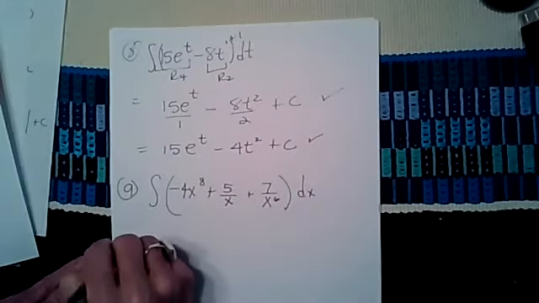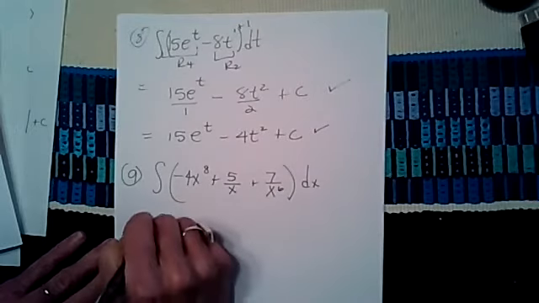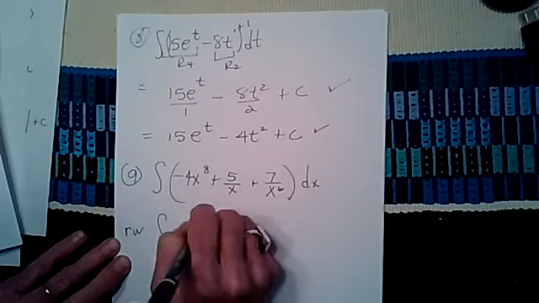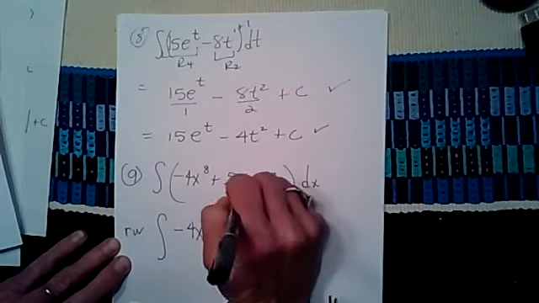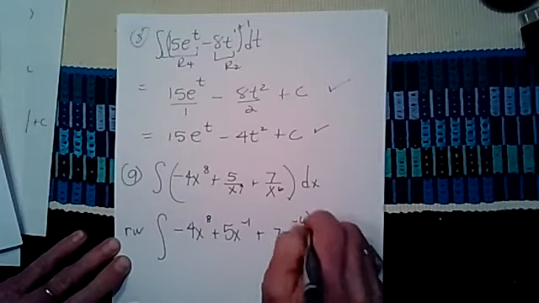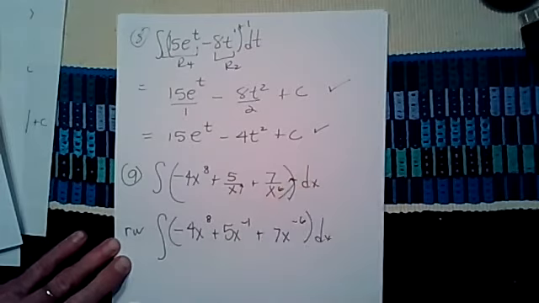Okay, so I'm going to rewrite. I'm not going to integrate this first term until I've got everybody ready to go. So I'll leave my integral sign, negative 4x to the 8 plus 5x to the negative 1, moving that up, plus 7x to the negative 6.